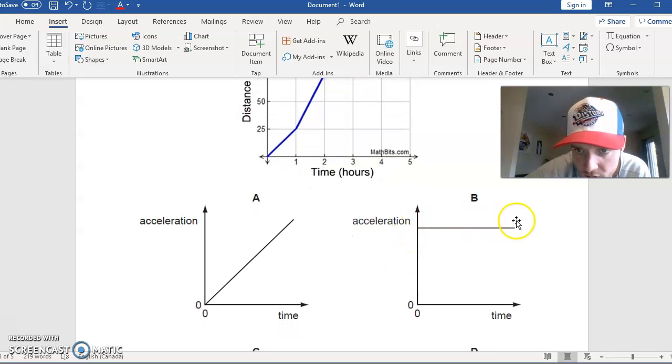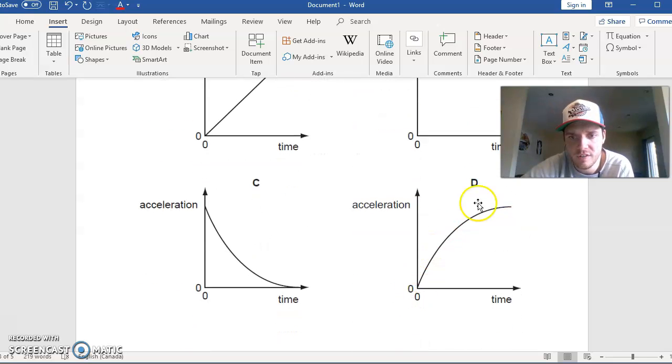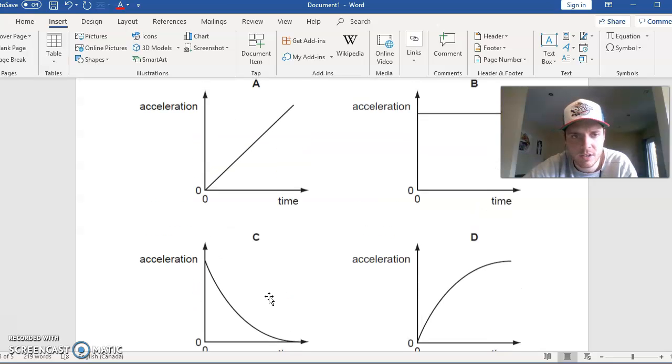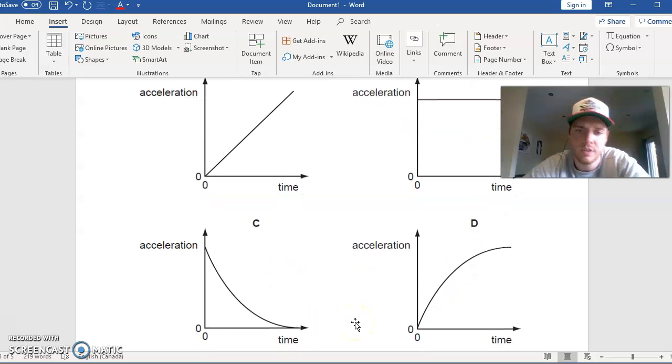If it's horizontal across like that, there's no change at all. And if it's a curved line, either way, it's changing, but it's not changing at a constant rate. It's changing at different rates at each spot. That's what that is. All right. So straight line, constant. Horizontal line, no change. Curved lines, changing at different rates. It's important you understand that too.